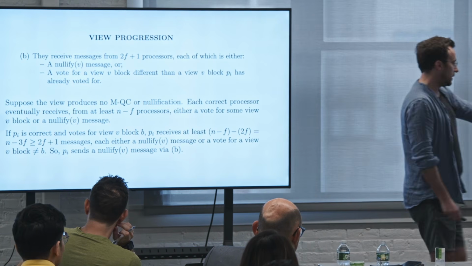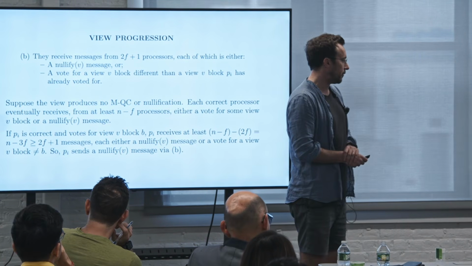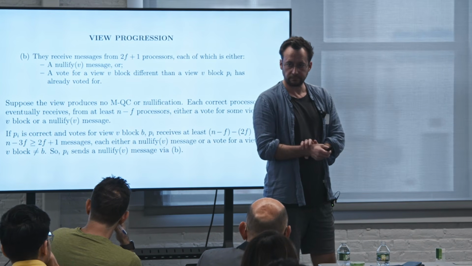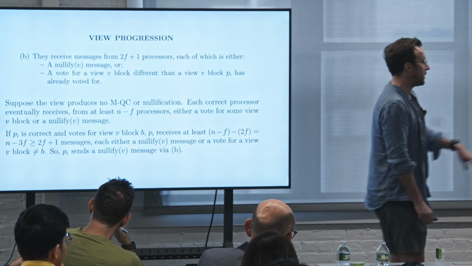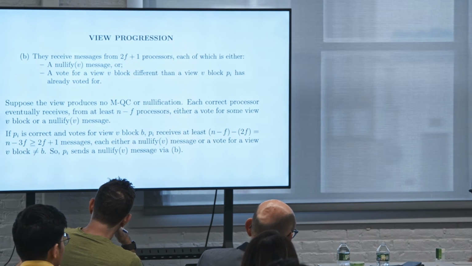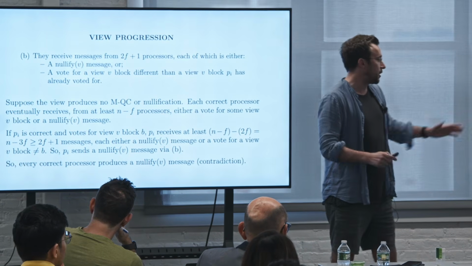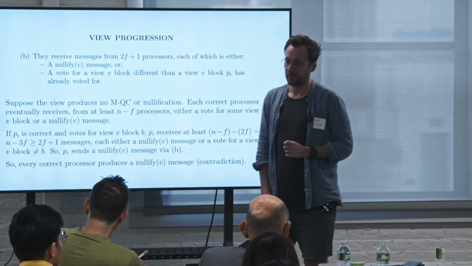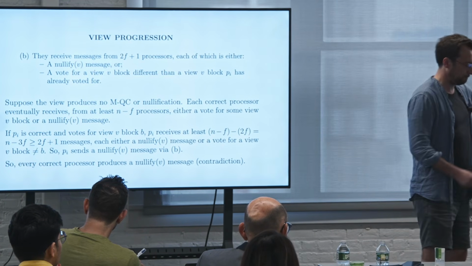So it receives at least 2f+1 messages, each either a nullify v message or a vote for a view v block other than the block it voted for. Just a simple counting argument. So Pi sends a nullify v message via clause B. Every processor then produces a nullify v message, and that gives us our contradiction. So we have view progression, just with this extra little clause B.